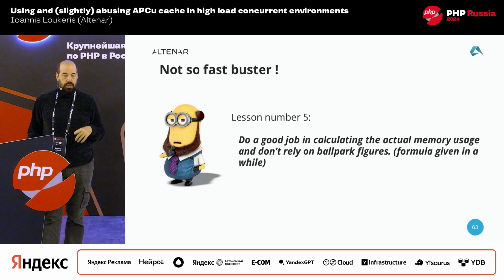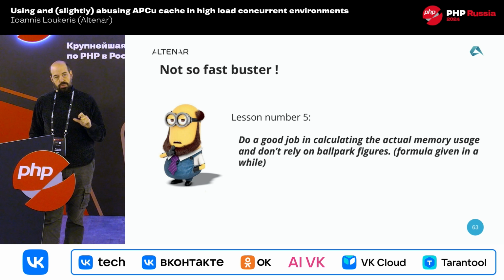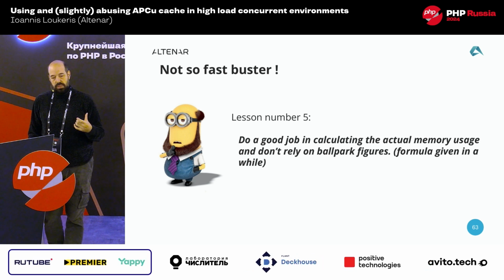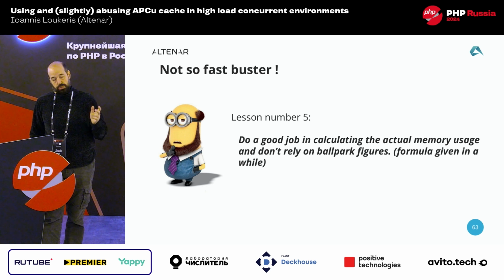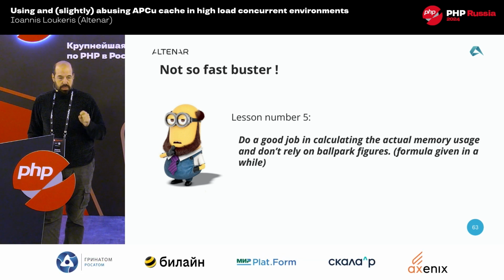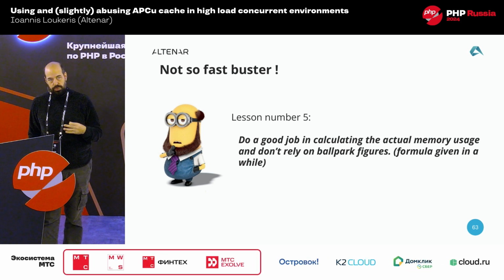Lesson number 5. Do a good job in calculating the actual memory usage and don't rely on ballpark figures. I will give you a formula that kind of works in a while, but have that in mind. Don't make any guesses, don't assume things, do actual proper measurement.